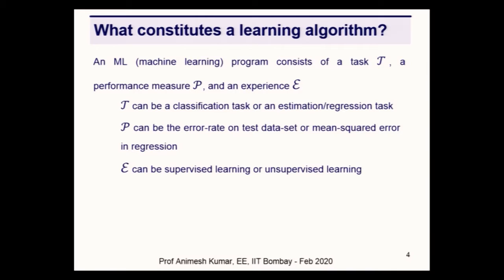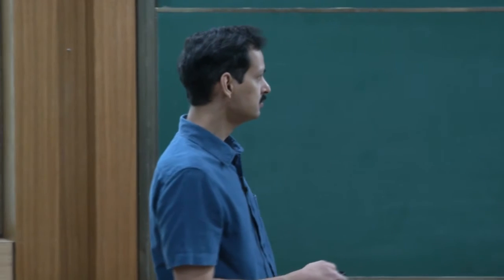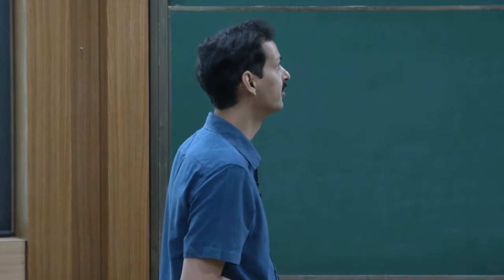P is the performance measure, so one can measure, let's say, the error rate on some test data set, or one can look at mean squared error when we are doing regression and so on. And this experience can be supervised, unsupervised, and this list has been increasing. So people have what is called reinforcement learning. I think you may have heard the term, or self-supervised learning, and so on. So that's what we mean by experience.